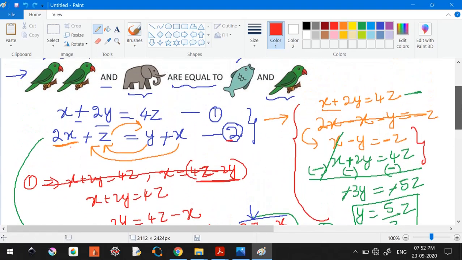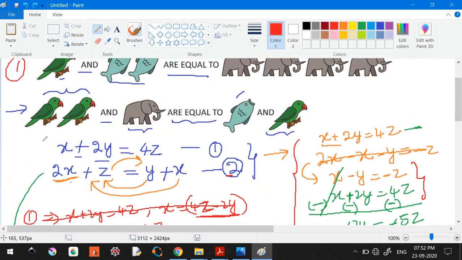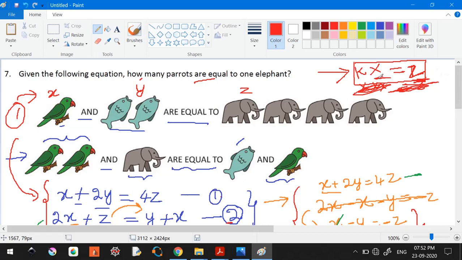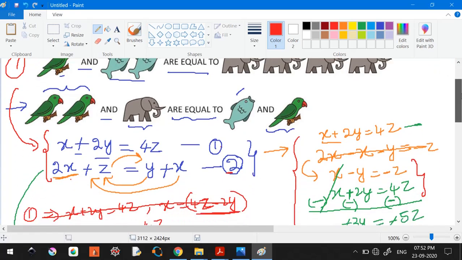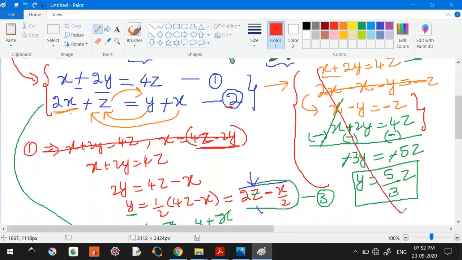So let me just revise it. I have derived this equation out of the given configuration. Because we need the relation between x and z, I tried to eliminate y. How I eliminated y is using the first equation, I derived y as something like this, which is the third equation.